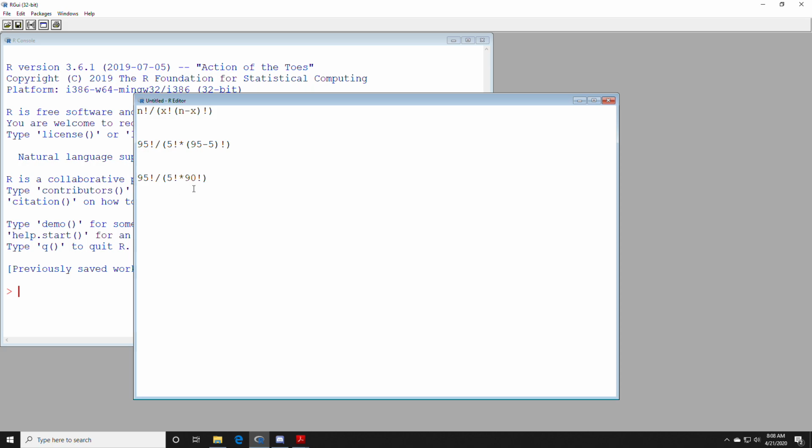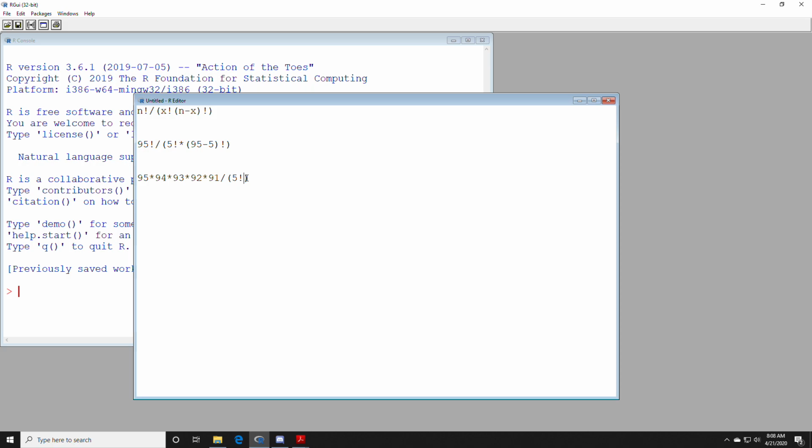But really, if we understand what these are, I'm going to rewrite 95 factorial as 95 times 94 times 93 times 92 times 91 times 90 times 89 times 88 times 87 all the way to 1, which is 90 factorial. And so we've got a 90 factorial in the denominator and numerator, so we can kill it.